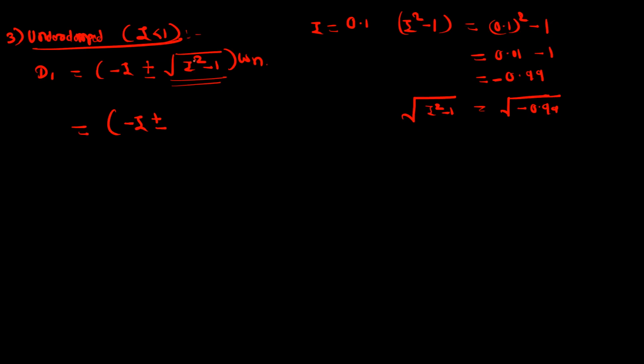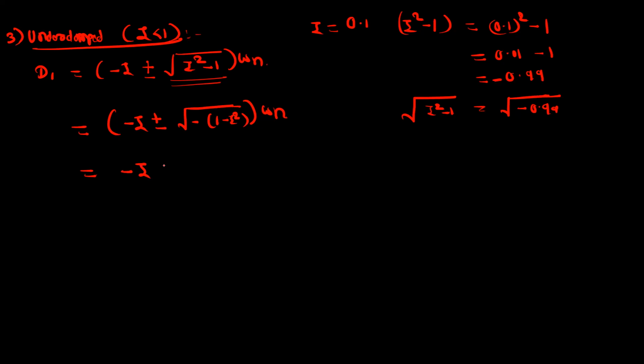I will just write this as minus 1 minus zeta square. Okay, so the meaning is the same; this is zeta square minus 1 only. After that I will write this in a complex form.